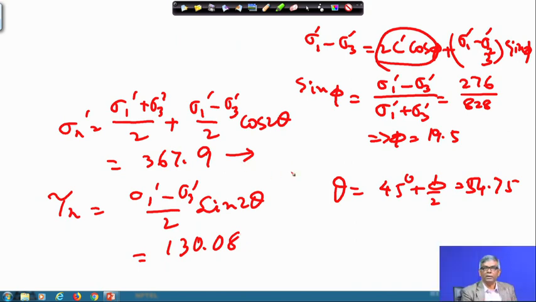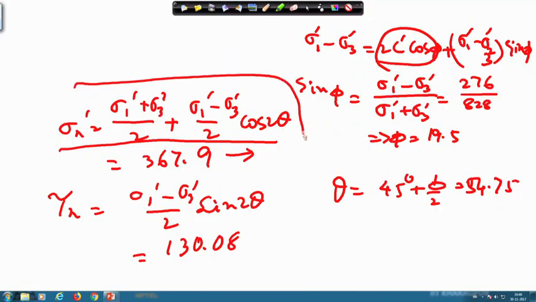So, either way we can solve the problem, but it is easier to use the graphical Mohr circle method along with geometry, because you can simply apply geometry and get the value. Otherwise, you have to remember this type of equation, and if you forget or wrongly write minus instead of plus, everything will go wrong.